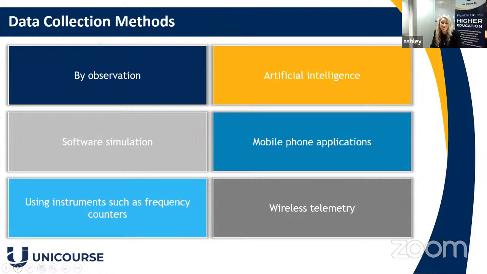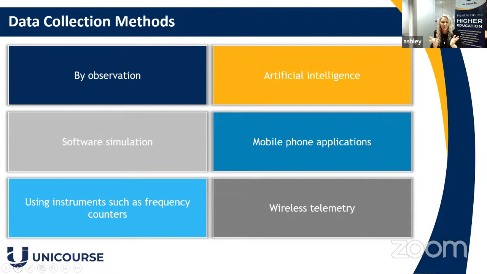Artificial intelligence, such as Google Analytics, or there's even more for social media now that can be used in all different avenues. Mobile phone applications can measure the movement of people in relation to sales, or how they're buying products and the behavior. And then wireless telemetry, it uses radio frequency communication.